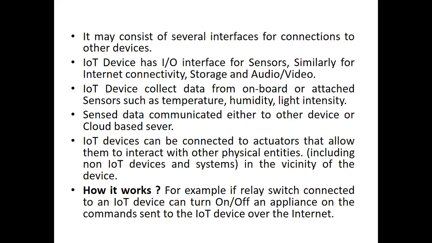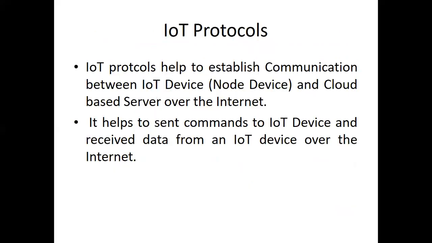IoT devices collect data from onboard attached sensors, so all the sensors are IO devices. Sensed data is communicated to the cloud with the help of connectivity, and IoT devices are connected to the actuators also. How it works, we will discuss in detail.